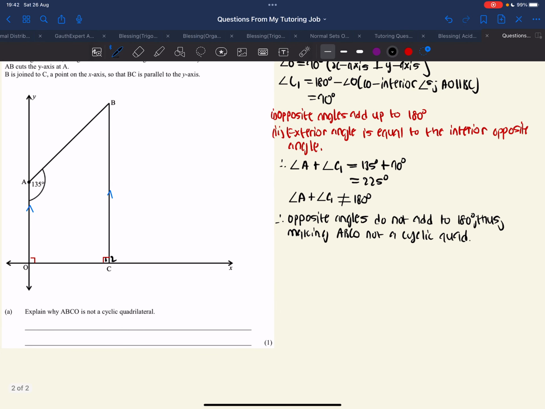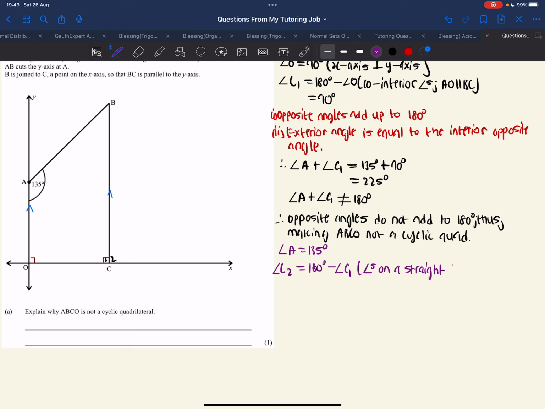Or what you can do is prove it using the exterior angle. Let me use a different color. Remember, we are given that angle A equals 135 degrees. Now we can determine that angle C2 is going to be 180 minus angle C1, because of angles on a straight line.